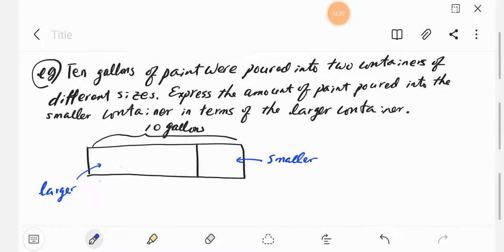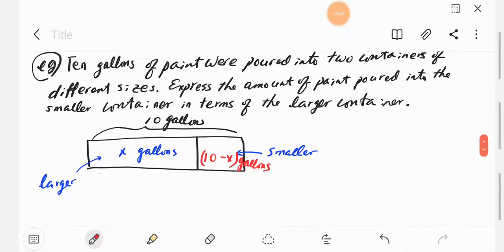So if the larger container holds x gallons, then how many gallons are in the smaller container? Isn't it total minus x? 10 minus x gallons, right? Make sense? So if the large container contains x gallons, then the smaller container contains total minus x.